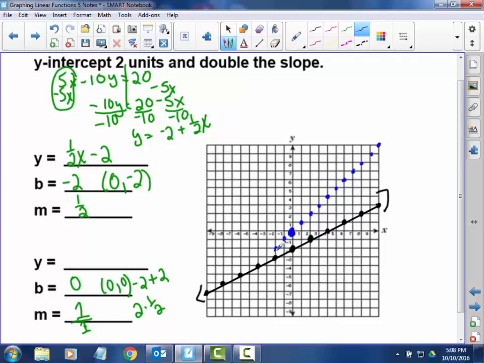Is this line looking familiar to anybody? We've graphed it a couple of times. Well, this is our linear parent function.